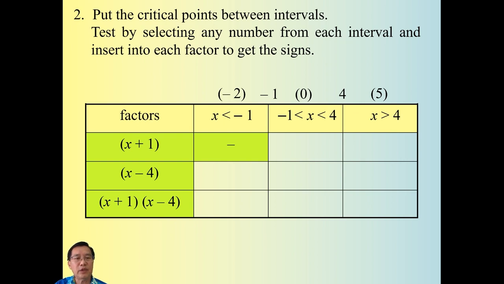By substituting 0 into x plus 1, this is a positive number. By substituting 5 into x plus 1, we have a positive number. Similarly, we substitute negative 2, 0 and 5 into x minus 4. Then x plus 1 times x minus 4 is the product of the above two signs.